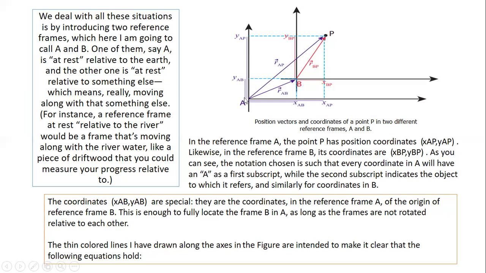So probably A is on the earth itself, while B is in a car that is moving. For instance, a reference frame at rest relative to the river would be a frame moving along with the river water, like a piece of driftwood that you could measure your progress relative to.